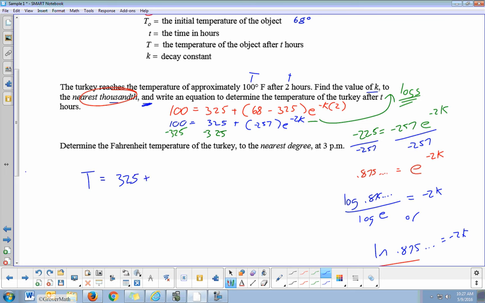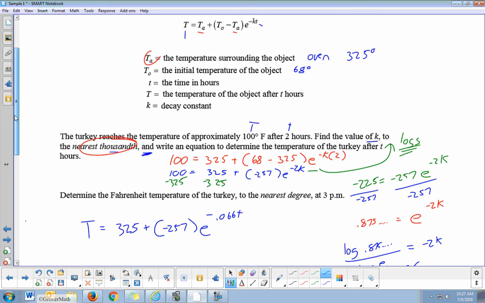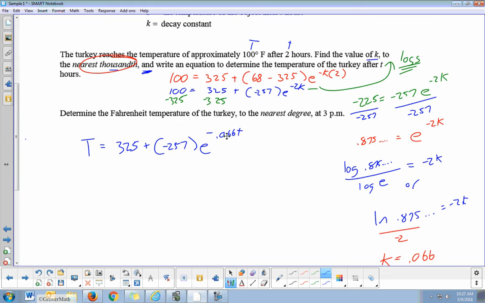You could do plus, you could still have the 68 minus 325 in there, or we could keep it simplified to negative 257. You actually don't need the plus here, you could just go straight to the minus, but either way, e to the negative 0.066 t. Because remember, it's negative k t. We found k. So negative k times t. So this is our second answer to this first question. We found k and we wrote an equation for t.